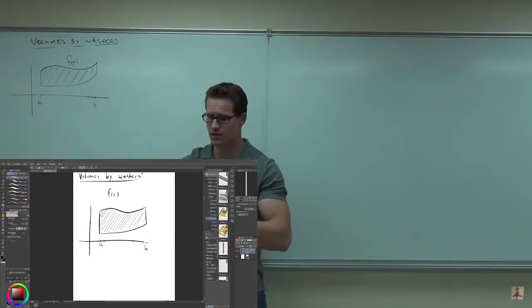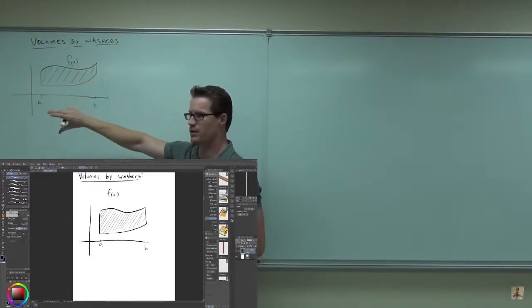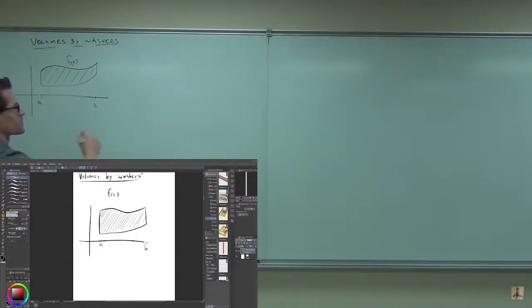If I sweep this around, it's going to be like taking this piece and rotating it out. There's going to be a hole in the middle, kind of like a toilet paper roll, almost like that, but it's going to be a fancy shaped toilet paper roll. I mean, that'd be kind of cool, but that's what it would be like. Let's see if I can draw it for you so you get a three-dimensional picture.